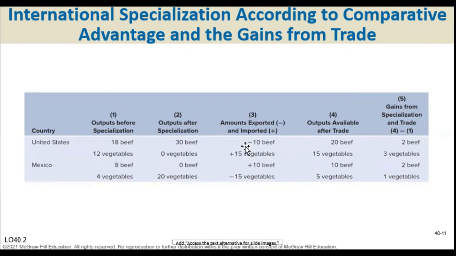So there's an exchange between the United States and Mexico. And here is the output available after trade. And the last column shows you again the result of the countries deciding to specialize in the production of the good that they have an advantage to produce.